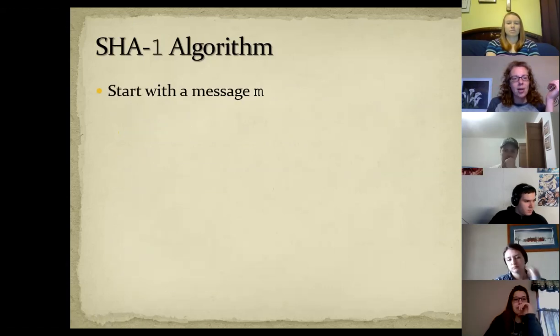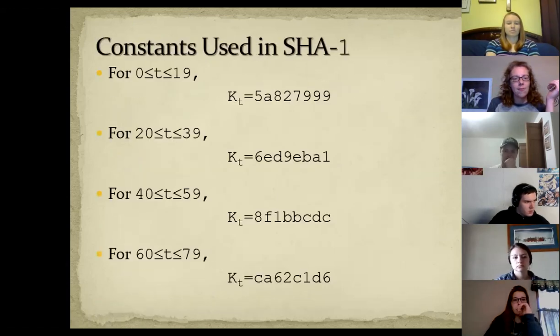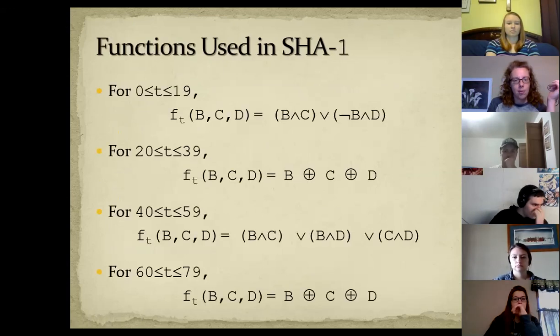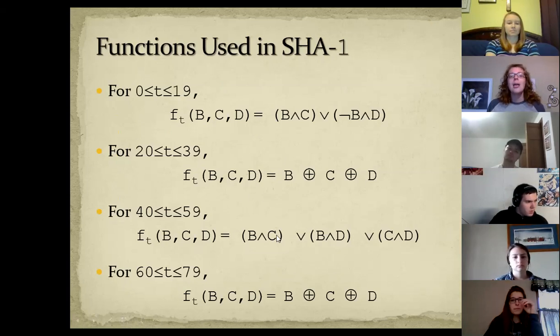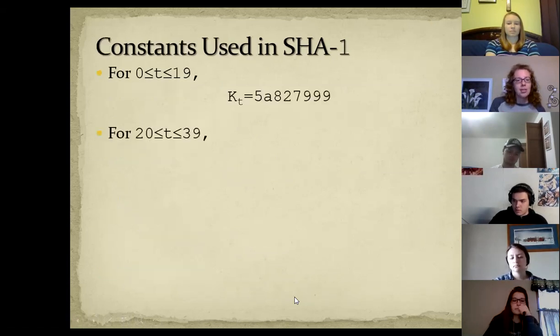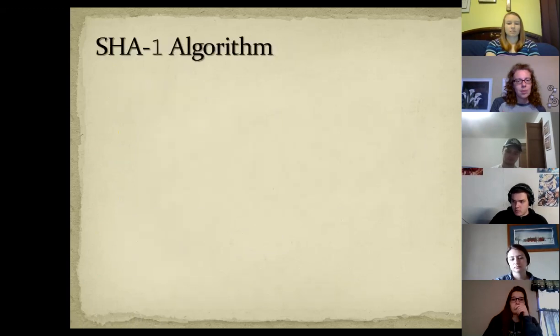Going back here, we had 4 different functions that we were working with. There they are. So the function is going to change as we continue to repeat this process. The function's going to be the same for the first 20 iterations, and then the function's going to change. And then it's going to change again, and then it's going to change one more time. So this function changes as we work through all these iterations.